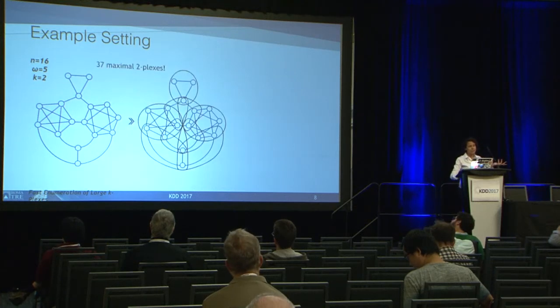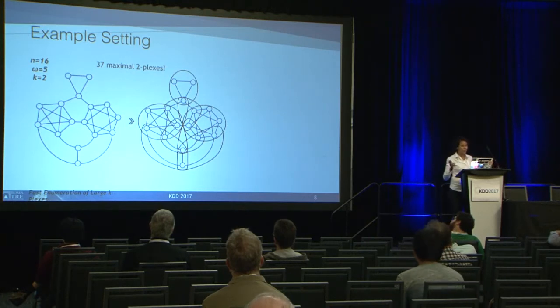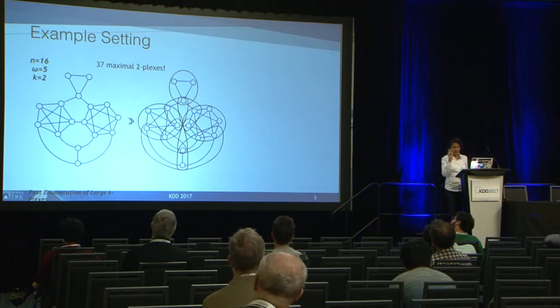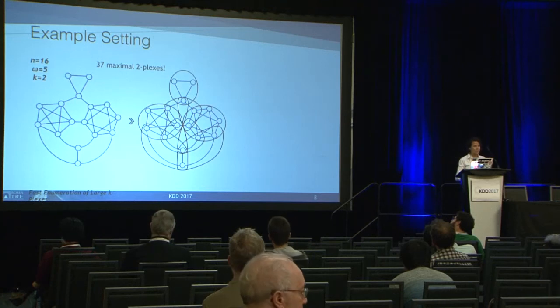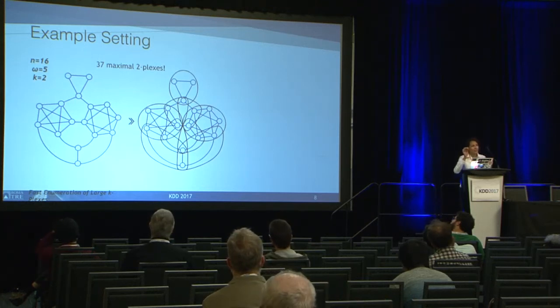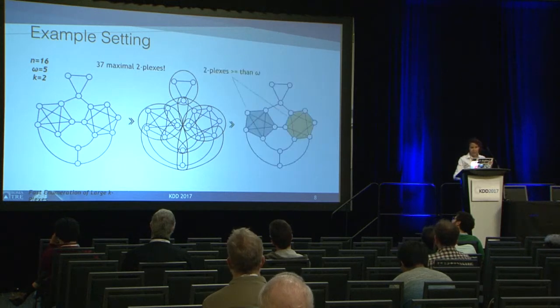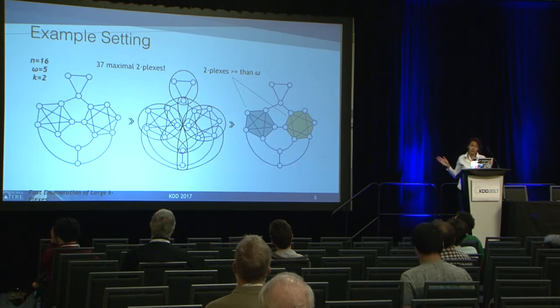For instance, in this simple graph you can have 37. Of course, most of them are very tiny. I hadn't the time to draw all of them, I've been showing only the first few of them, but trust me, you have 37 of them of size 3, 4, right? But only 2 k-plexes in this particular graph are larger or equal than omega.